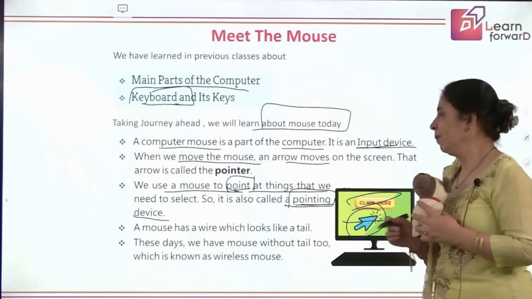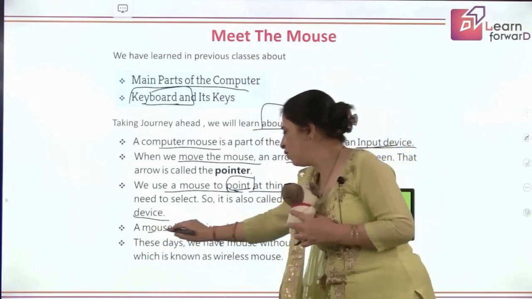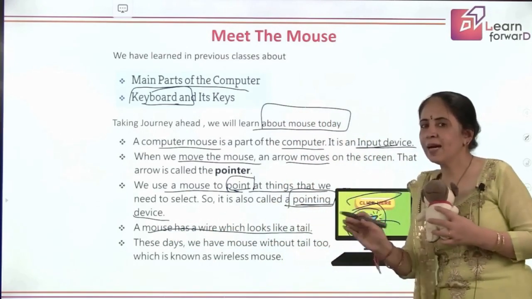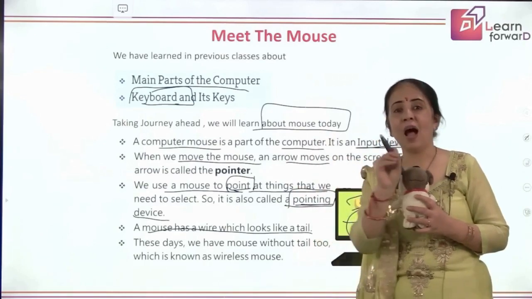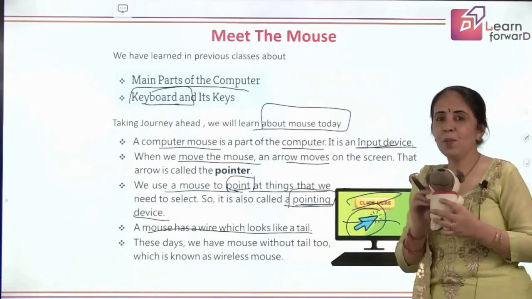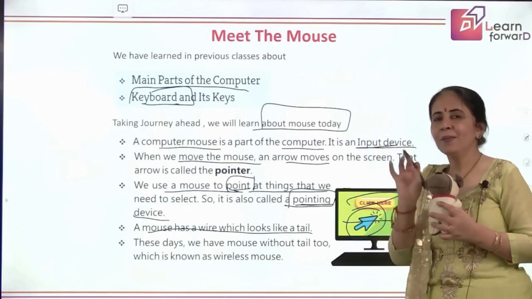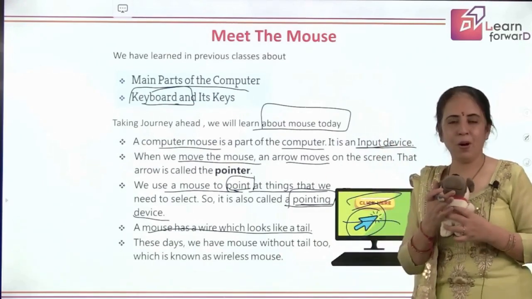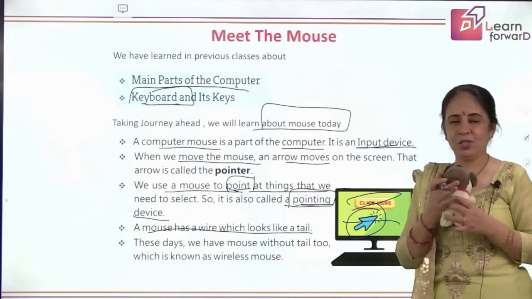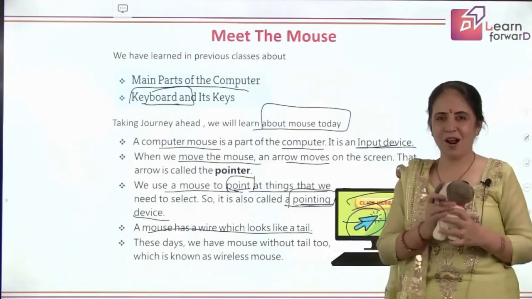Okay? And you know, mouse has a wire which looks like a tail of it, and that wire is attached to the computer. Like your mouse has small tail, in the same way it is very similar to your real mouse, but it doesn't bite you, it doesn't run around your house.